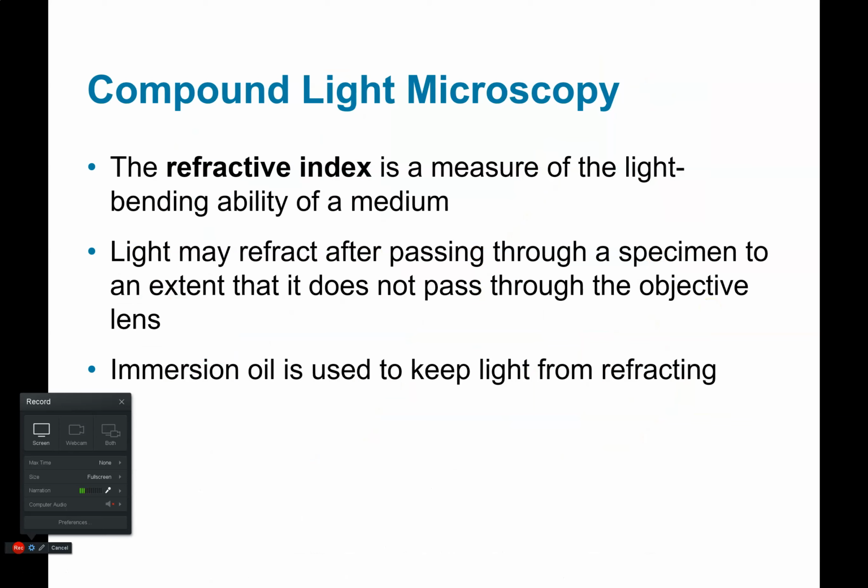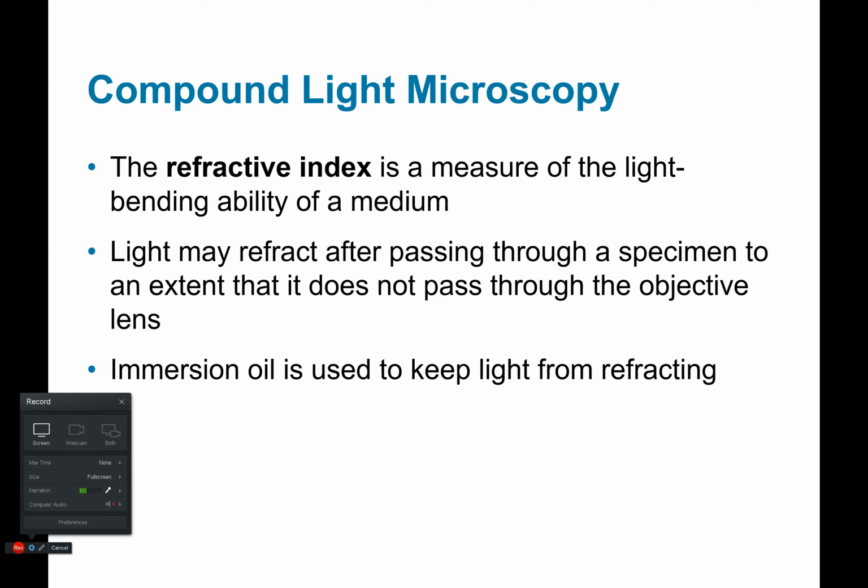Refractive index is another important concept when it comes to light microscopy. It has to do with the fact that light bends when it hits air, and because of that, you can lose resolution because the light, once it passes through the specimen, refracts or bends, and not all of it enters the objective lens, and therefore that leads to loss of resolution.